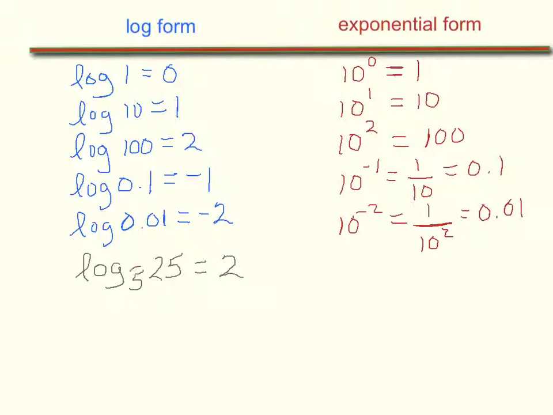Not as quick as I wanted, but our progression is 5 raised to this exponent gives us this result. I'm going to go to my eraser because I messed it up.